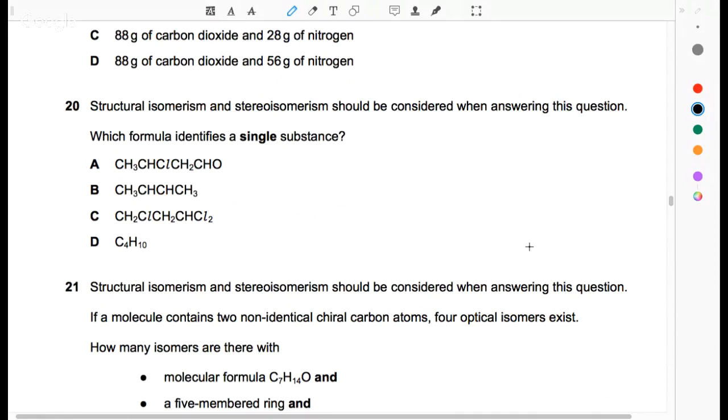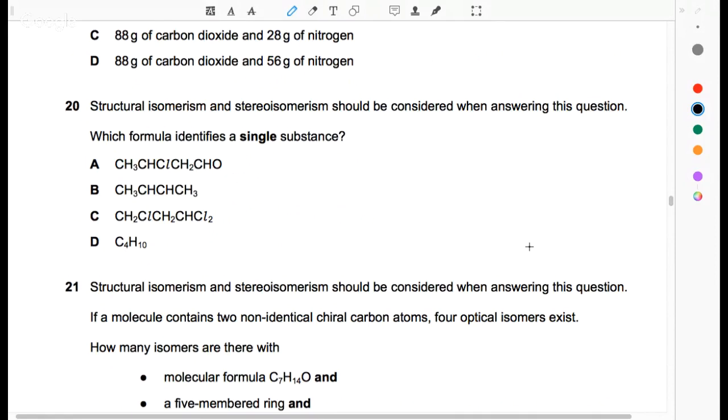So if you look for double bonds first, because it's easier to find, B has a double bond, so B would have stereoisomers. Not all double bonds create stereoisomers, but if they are bonded to two different groups, like the methyl this way or that way.